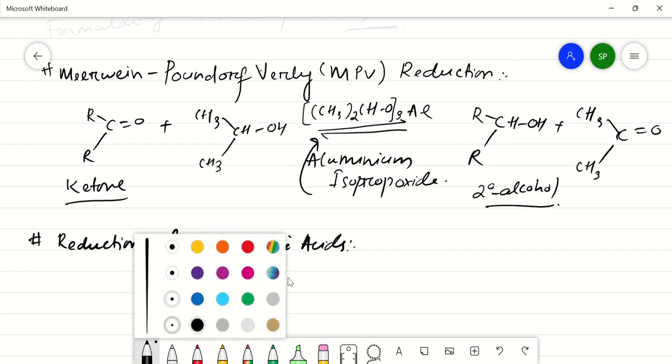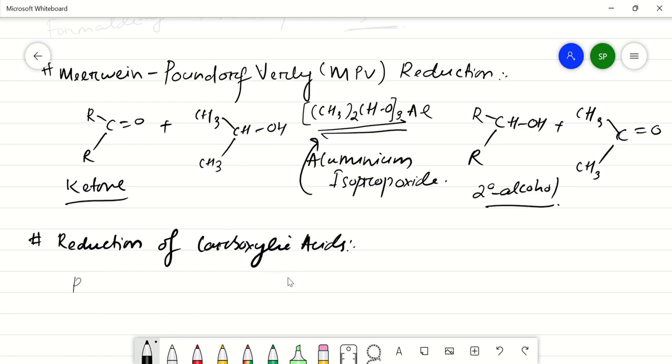Reduction of carboxylic acid, in which RCOOH is reduced to RCH2OH. The reagent is same, plus 4H in presence of lithium aluminum hydride, LiAlH4.